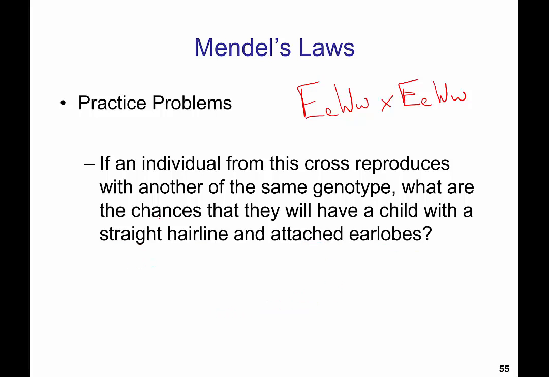To work this out, we're looking at what are the gametes possible from the parents. So we could have big E, big W. We could have big E, little w. Looking down here, we could have little e, big W, or little e, little w. These are the gametes from one parent. We have the same genotype for the second parent, so we've got that figured out.